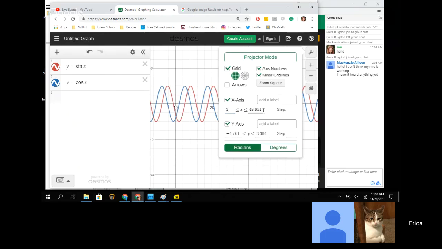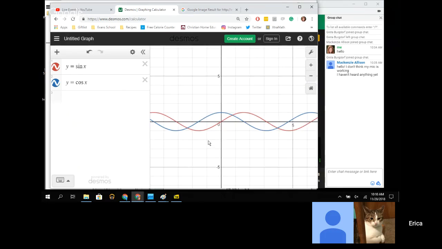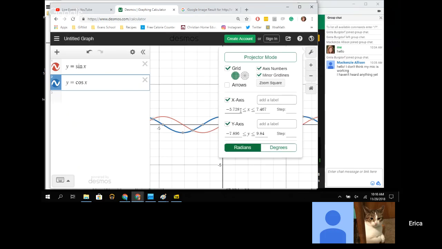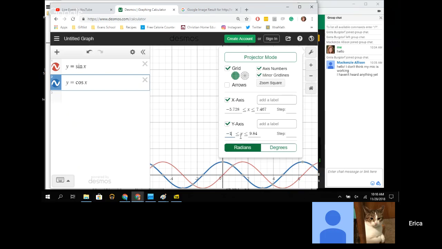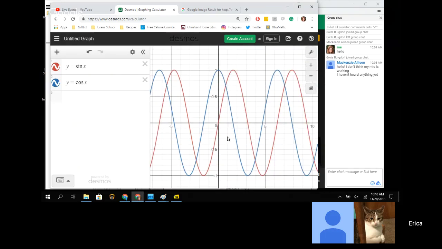Okay, well, it's still not perfect, but you get the idea. Let me reset this a little bit, or set it back to standard. All right, that's a little bit better. There's my sine curves in radians.